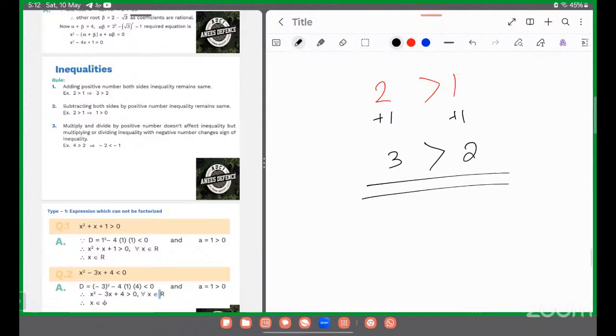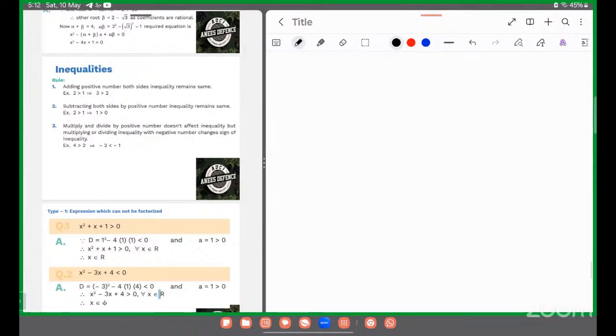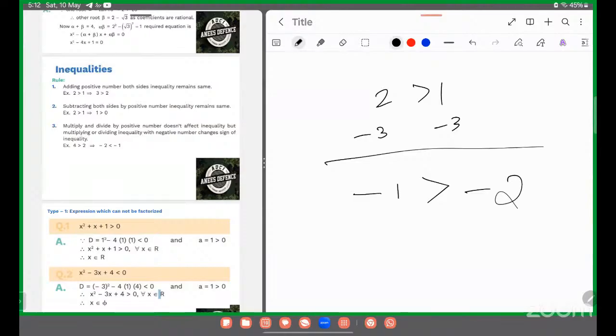Similarly, if you subtract 3, 2 minus 3 becomes minus 1 and 1 minus 3 becomes minus 2. So if you add or subtract on both sides, it will not change the direction of the inequality.